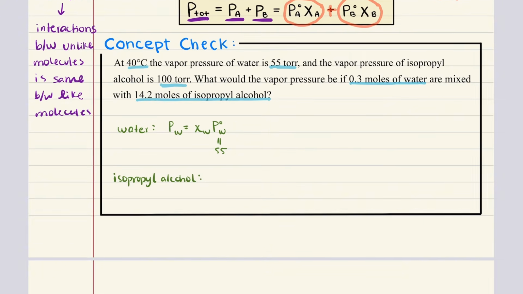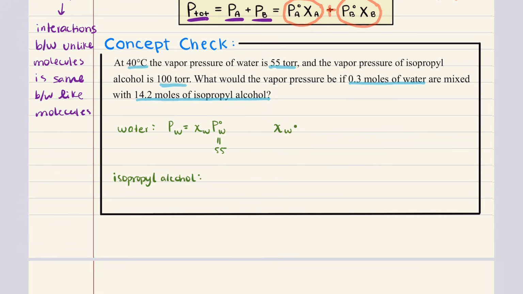The mole fraction of water is going to be the total moles of water, which is 0.3, divided by the total number of moles in solution. That is going to be 0.3 plus 14.2, and that is equal to 14.5 moles. Now, we're going to take 0.3, divide by 14.5 moles, and that is equal to 0.02069. We're going to take this value and then multiply it by 55 torr to get 1.14 torr.